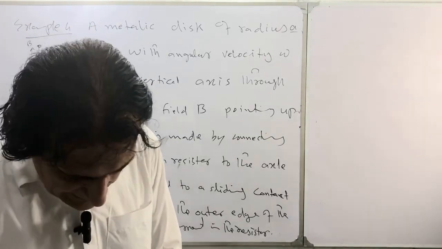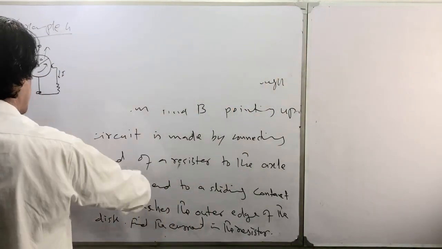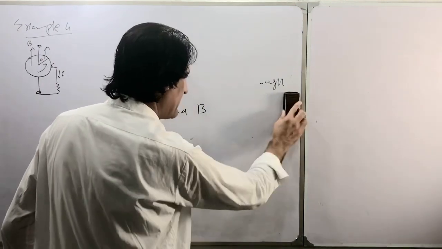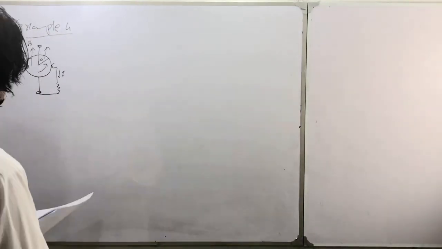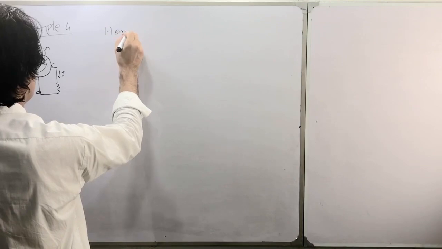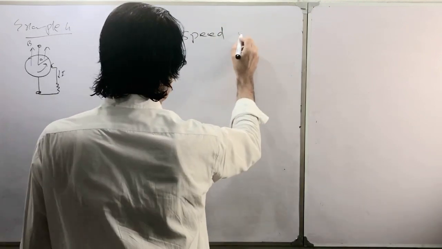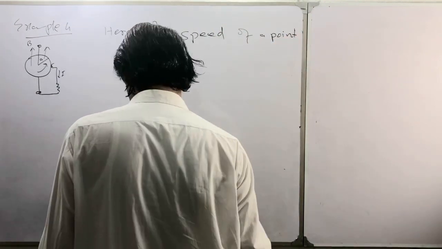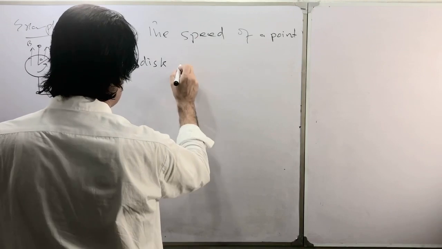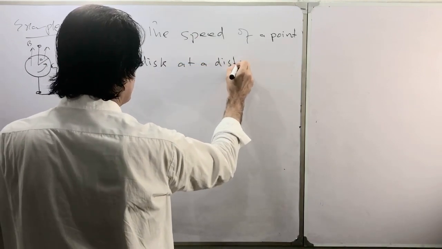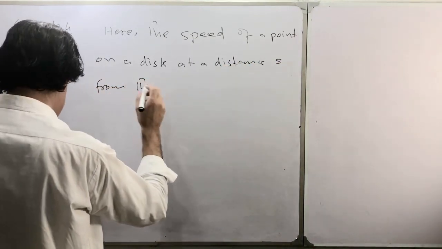So how is it possible? Let's see. The speed of a point on the disk at a distance s from the axis.